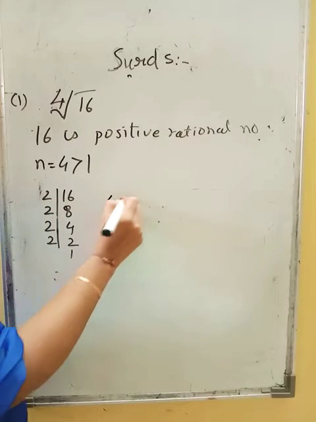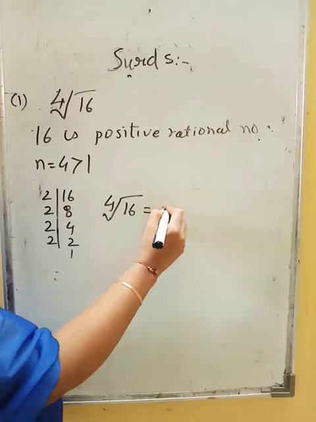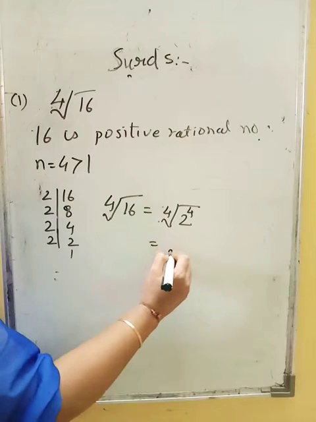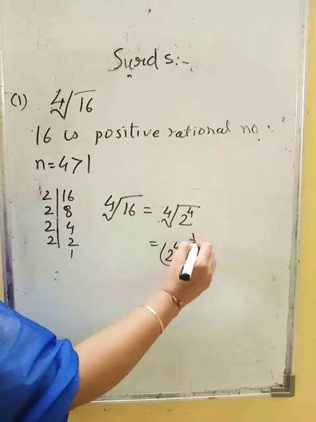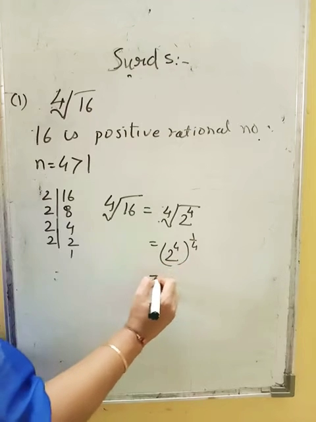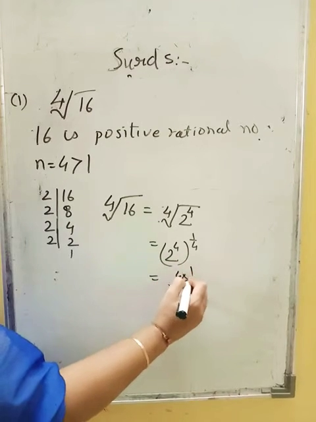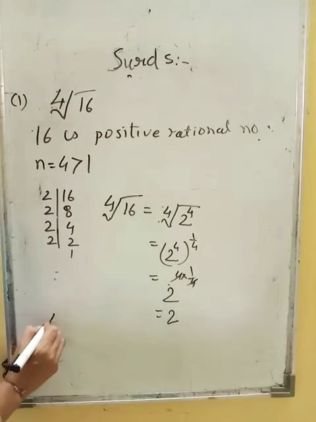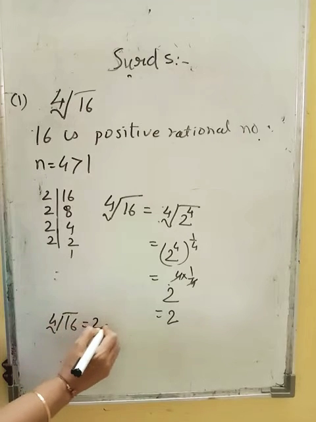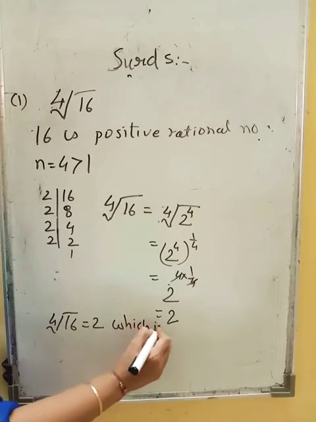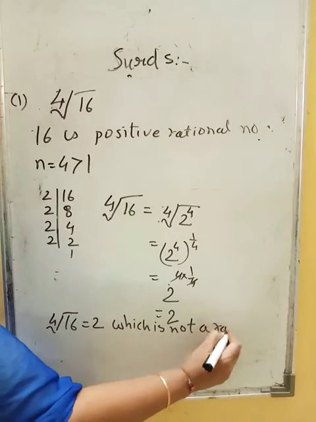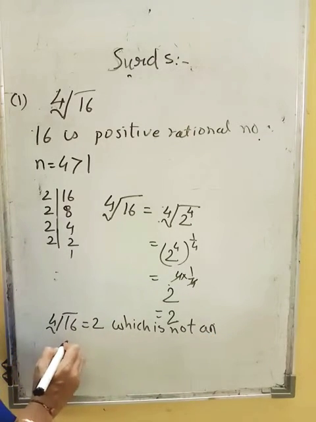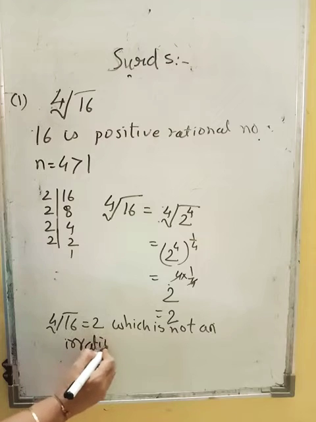So fourth root of 16 is equal to fourth root of 2 raised to 4. So it is 2 raised to 4 into 1 upon 4, which is 2. Fourth root of 16 is equal to 2, which is not an irrational number.